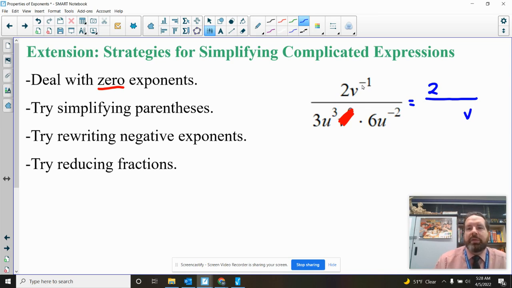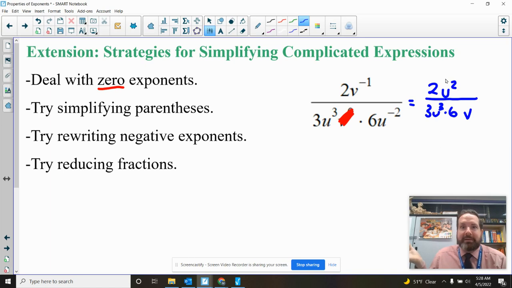But v to the negative 1 on the top is the same thing as v to the positive 1 on the bottom. This 3 and this u squared are going to stay where they are. The 6 is going to stay where it is, but this u to the negative second is going to move upstairs and become u to the positive second. Okay, this a little less scary, I hope, because now all the exponents are positive.